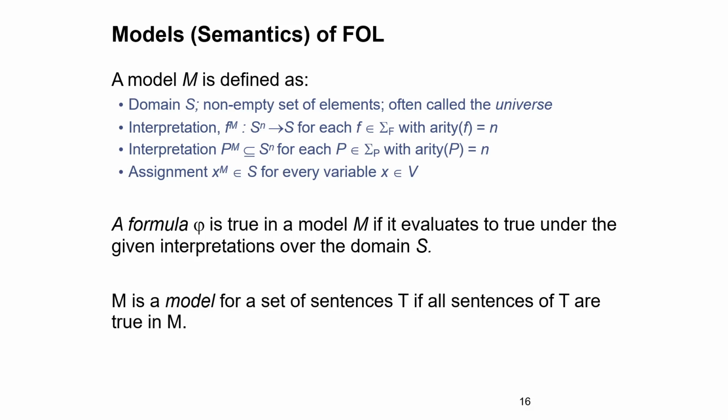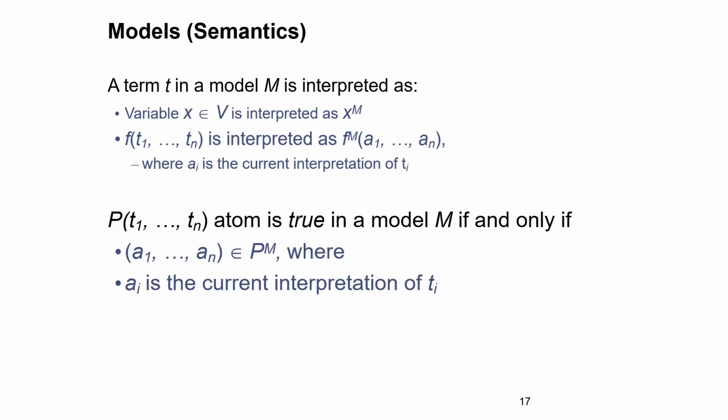The SMT solver has to come up with all these things: interpretations and meanings for the domain, the functions, the predicates. So an SMT solver has to do a lot more than a SAT solver, right? Okay.